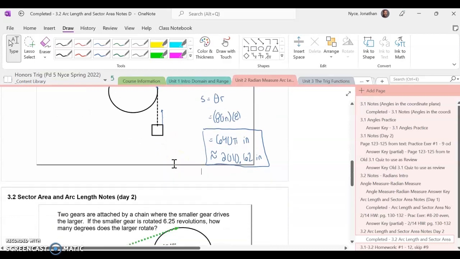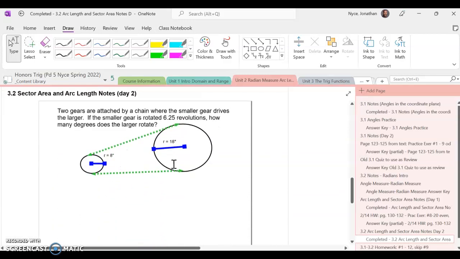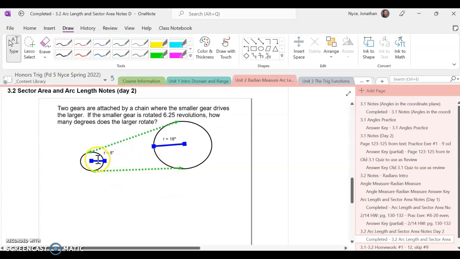The third and fourth examples are pretty similar. The key with these, when you have two gears attached by a chain or two gears that are meshing together, the idea here is that the arc length at the small gear is going to be the same as the arc length at the big gear.